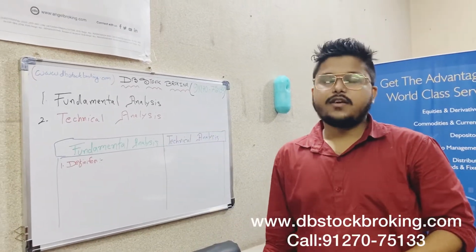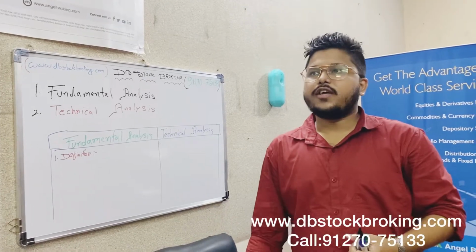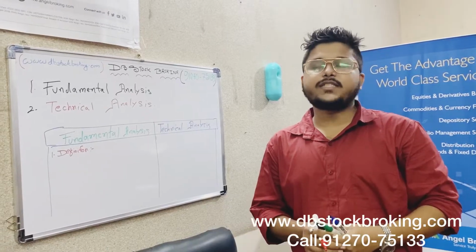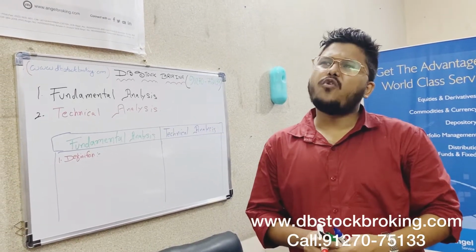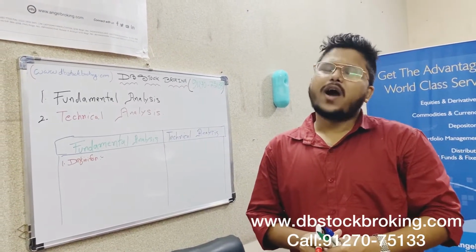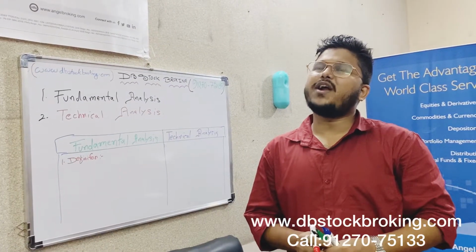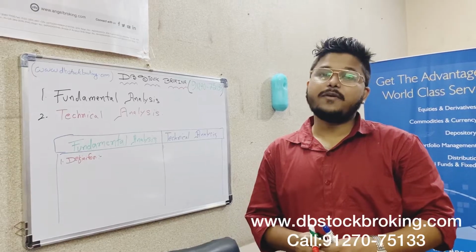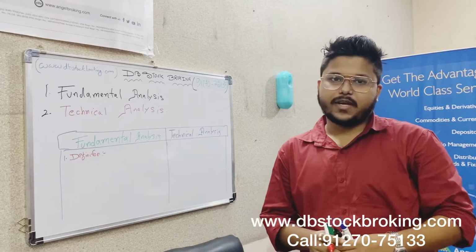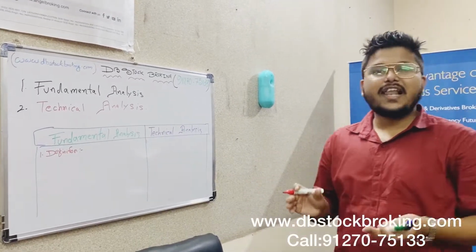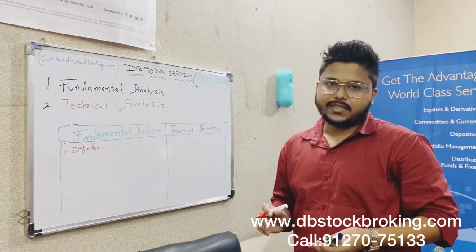Titan is a multi-bagger stock. If someone invested in Titan in 1991 or 1994, you wouldn't believe it, it's around 1,000 or 2,000 times. I don't remember exactly, but it became a multi-bagger stock. So this is the real life example of fundamental analysis.